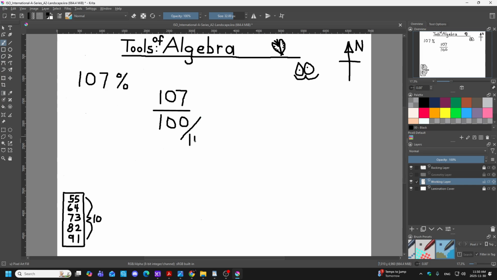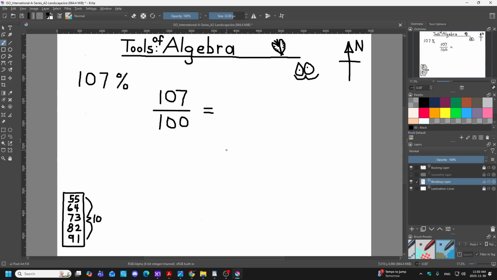We could divide by 50, but we want to divide with the largest value, that being 100. 107, not so much. Okay, we have an improper fraction.